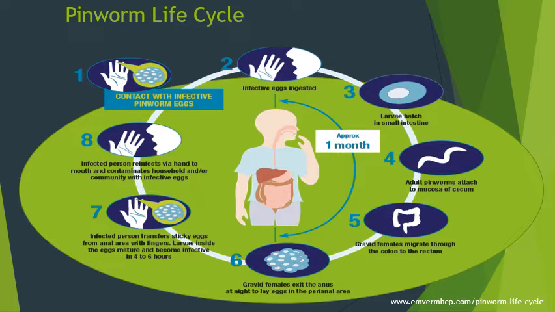Okay, let's see how they get around in the life cycle as well. Eggs are ingested via person-to-person transmission through handling of contaminated surfaces such as clothing, linen, curtains, and carpeting. It is important to note that infective eggs can survive up to 3 weeks on surface areas if the conditions are appropriate.